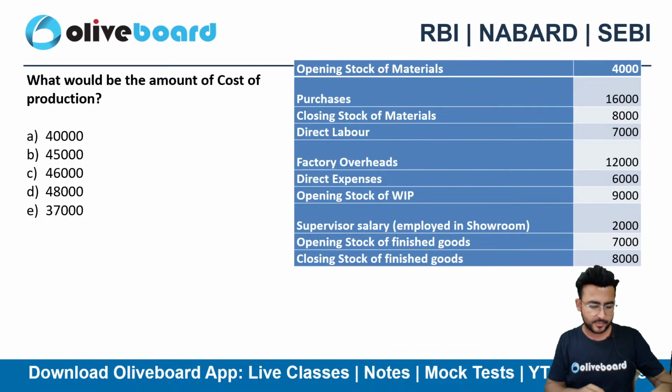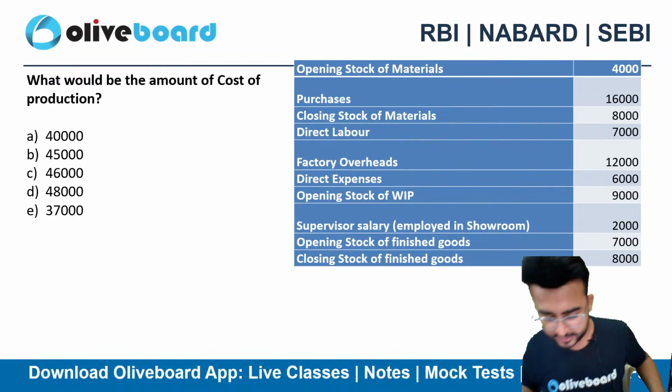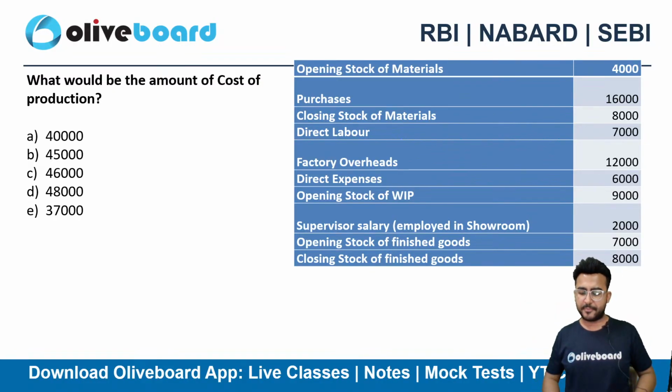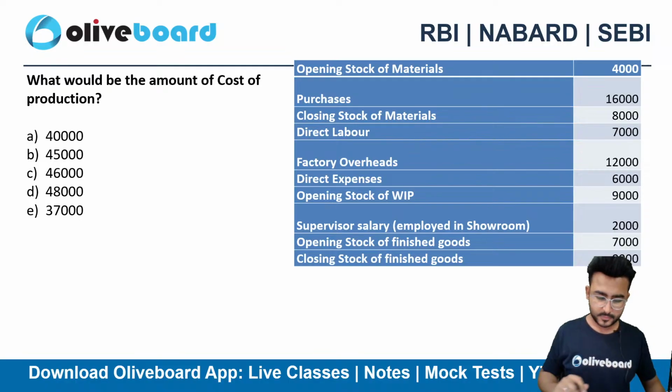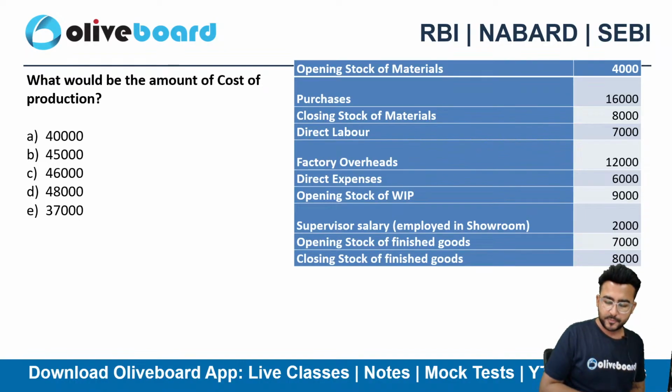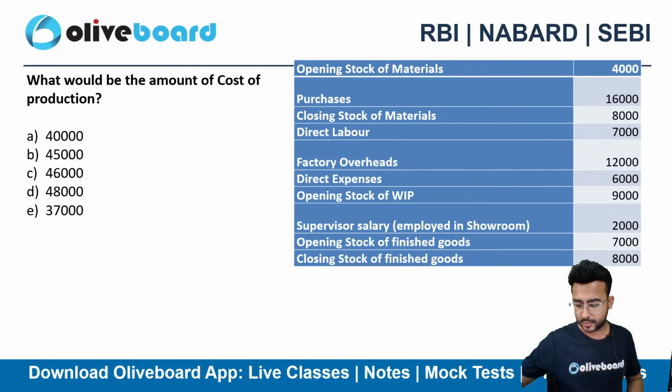You don't have to worry about it even if you are not able to understand standard costing. It is a formula oriented chapter. What will be the total production cost here? Cost of production. If you know the format of the cost sheet, then you can solve this question. Otherwise not.